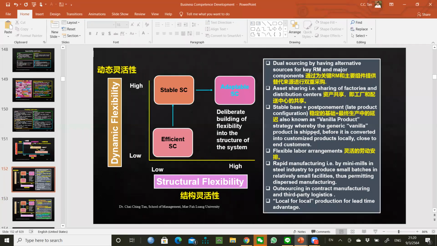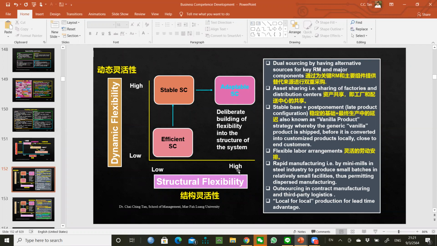Okay, so in terms of the flexibilities, we also can look into structural sense and dynamic sense. So how dynamic, how quickly you move from one end to another end, the faster you move, the more efficient it will be, but otherwise dynamic could be very stable, even though it's not that efficient. And structurally, you could be very structured, very routinized in the structural sense, or a little bit more flexible, okay, and things like that.